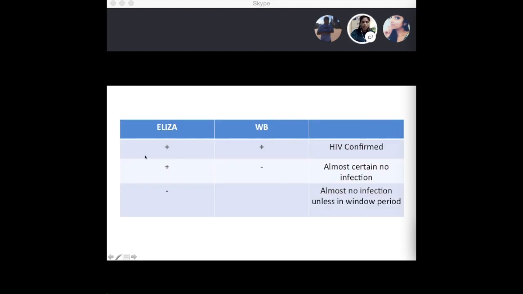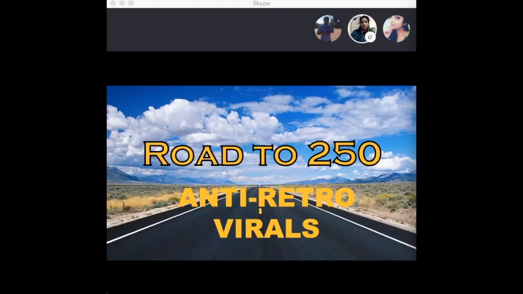So if you have a positive ELISA and a positive Western blot, you have HIV and it's confirmed. If you have a positive ELISA but a negative Western blot, it's almost certain that there's no infection. And if you have a negative ELISA, it's also almost certainly no infection unless you're in the window period. So that would be some of the ways we can diagnose HIV.